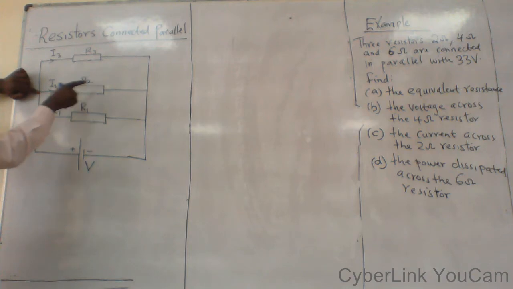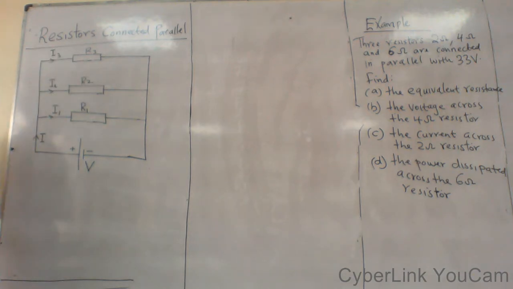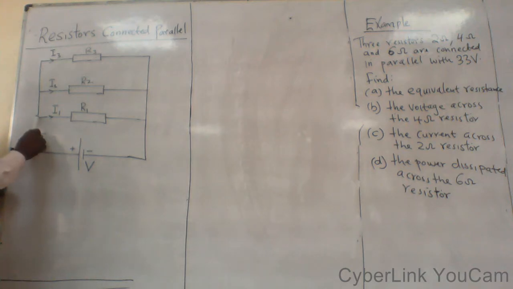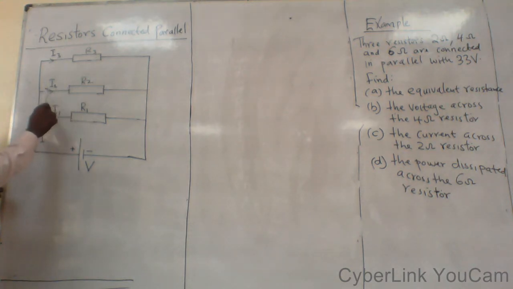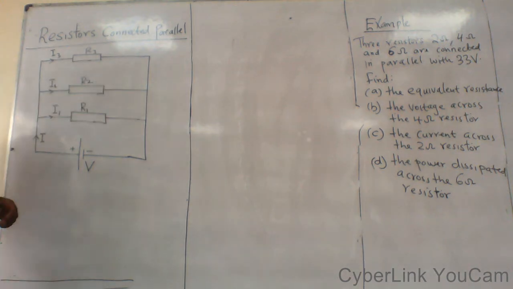One goes to R2 and another one goes to R3. So according to Kirchhoff's current law, the current coming from the source, upon reaching the junction, will divide into various portions.